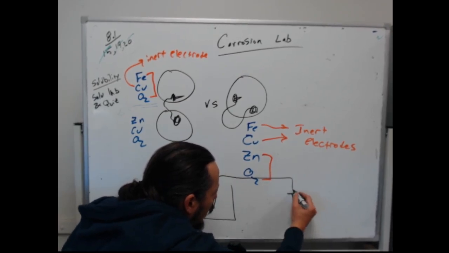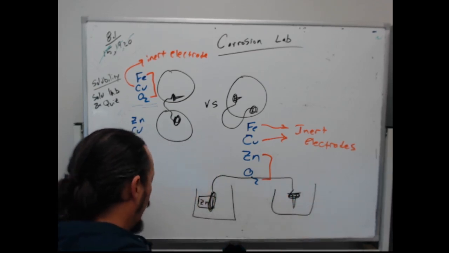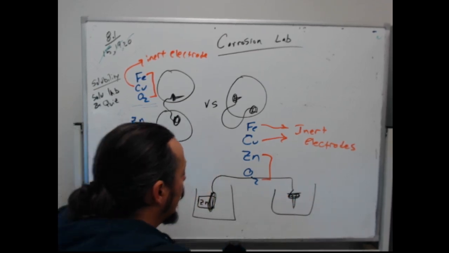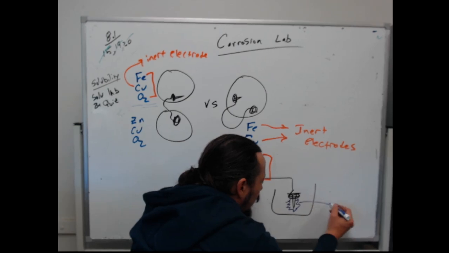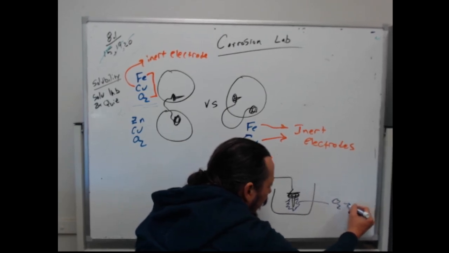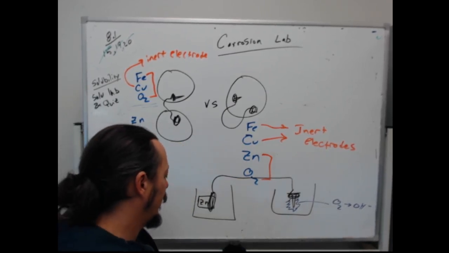That's my picture of a nail, with copper wire attached around it. The nail isn't reacting, it's the O2 around it. I'm going to use purple, but it's the O2. It's the oxygen to hydroxide reaction.